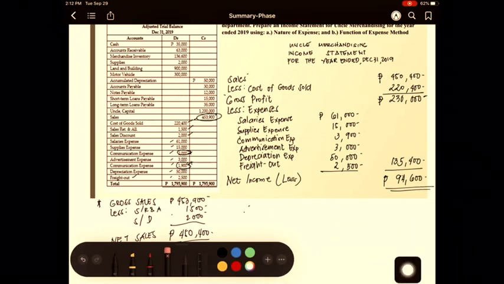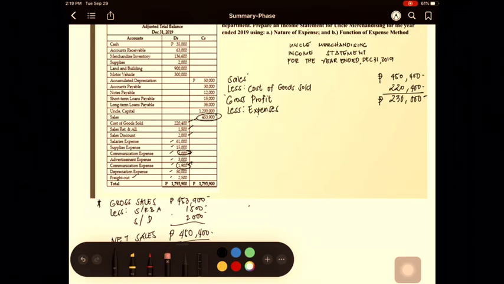It's still simple, we don't really have to change the first part of your income statement, because the only difference between your nature of expense and your function of expense is the manner on how we are going to present our expense. So let us first identify whether the expenses are considered part of your selling or administrative expenses.